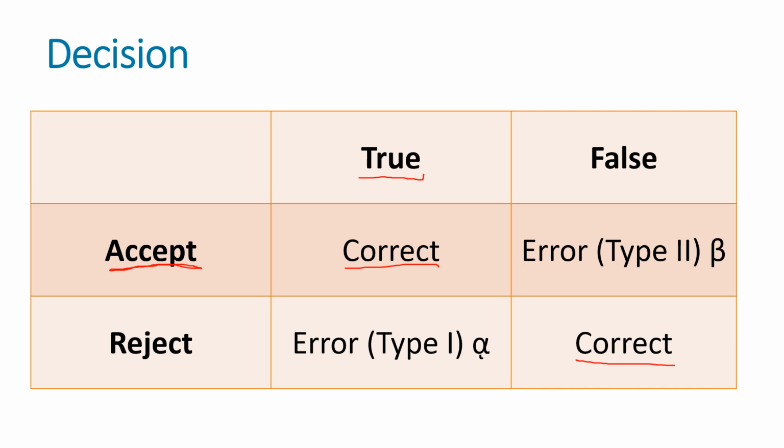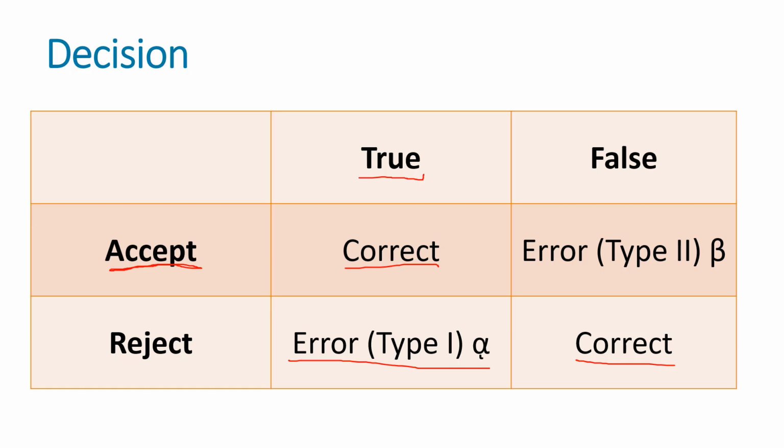But again, we have true is rejected. If the true is rejected, we are facing an error. This error is called type 1 error, or alpha error, when we have a true statement. For example, a person is innocent, and the judge says no, this is not innocent.